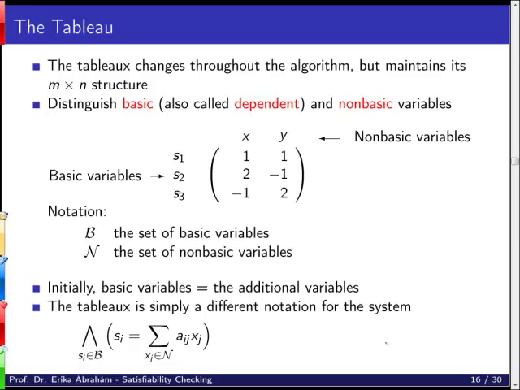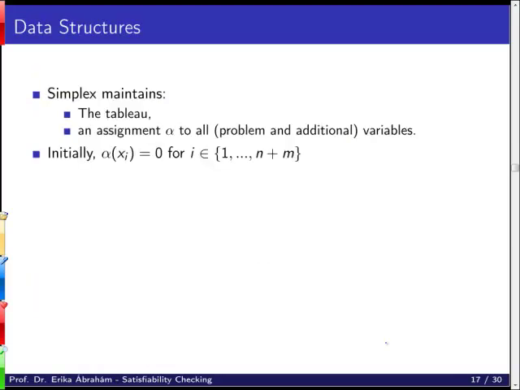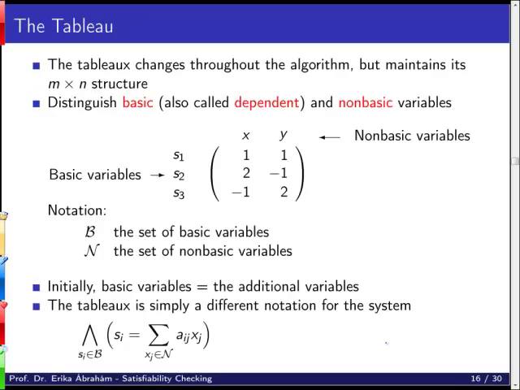And due to the construction, it is always the case that at the very beginning, the basic variables are the additional variables which you newly introduced to convert the inequations into equations. And this is just a different notation for the system, saying that the basic variables equal the weighted sum of the non-basic variables. Okay. What we do now is the following. How simplex works intuitively is the following. If I have some bounds on the basic variables.